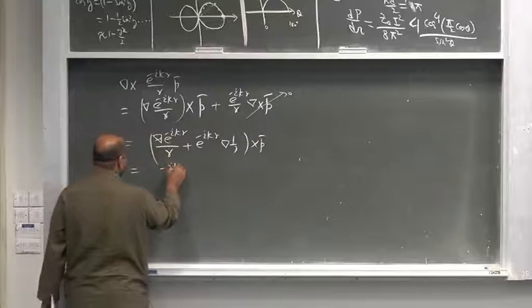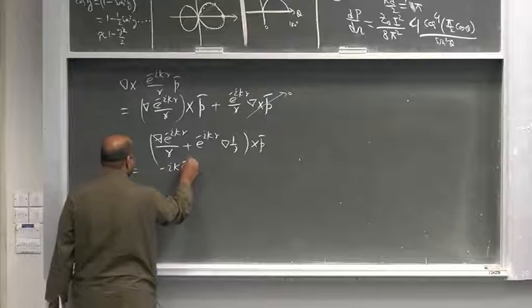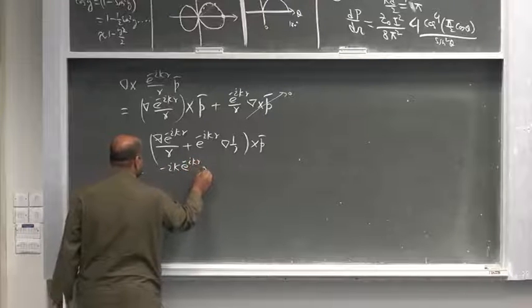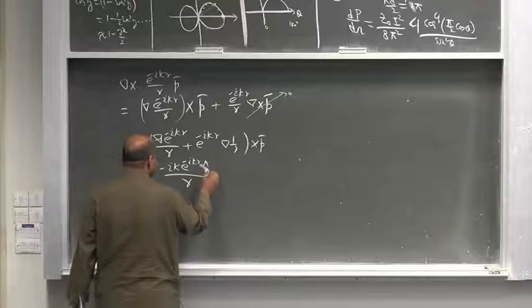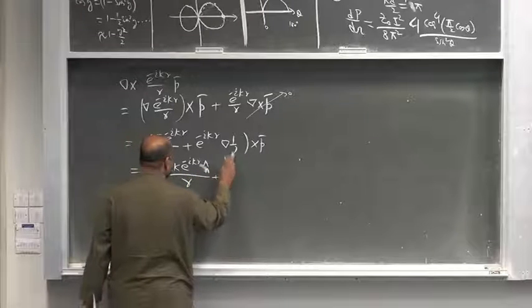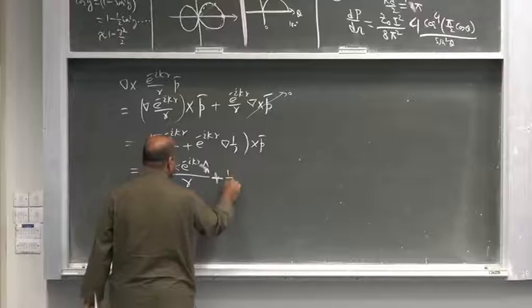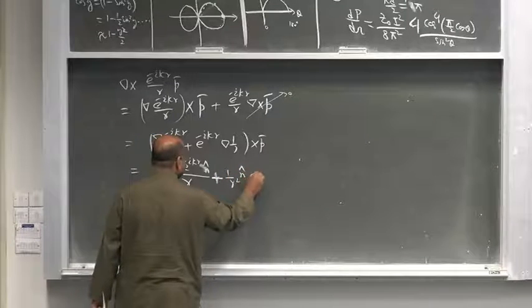इसका डेल माइनस आयोटा के बाहर आ जाएगा, r hat is actually n hat, तो ये डेल आ जाएगा माइनस 1 over r square n hat.